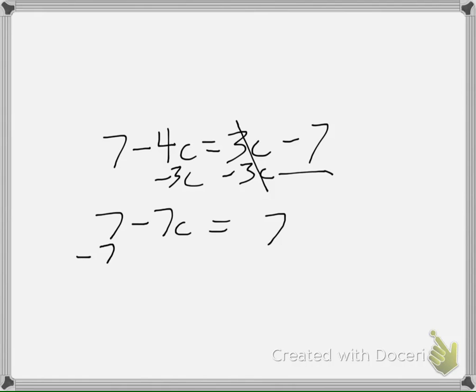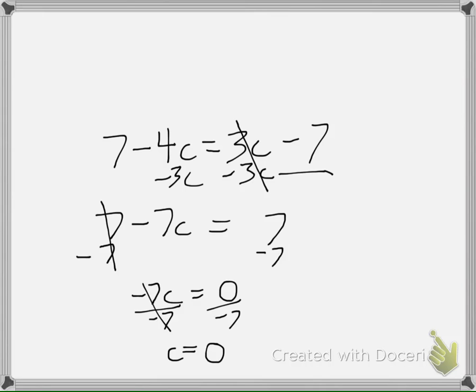So I'm going to subtract 7. That cancels, and then I get negative 7c equals 0, right? And then I divide by negative 7. And 0 divided by negative 7 is 0. So I get my solution as c is 0.